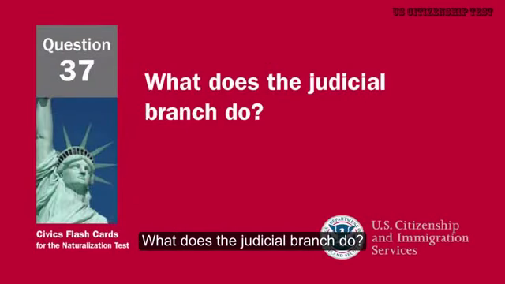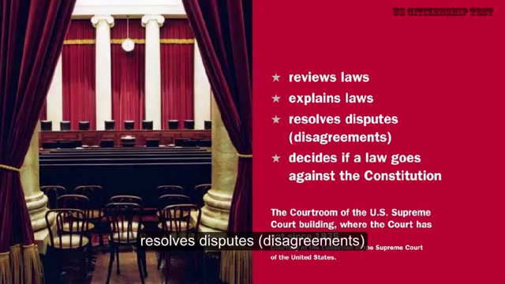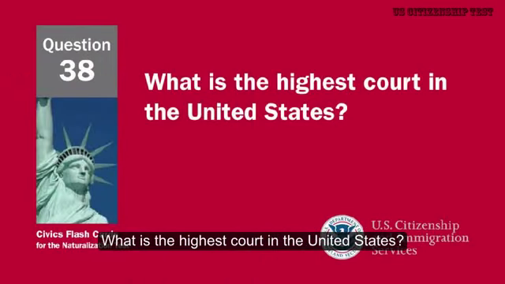What does the judicial branch do? Reviews laws. Explains laws. Resolves disputes, disagreements. Decides if a law goes against the Constitution. What is the highest court in the United States?